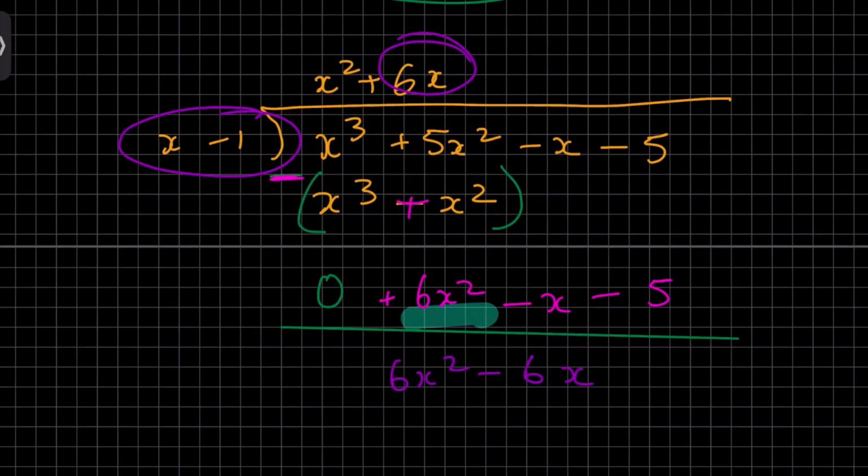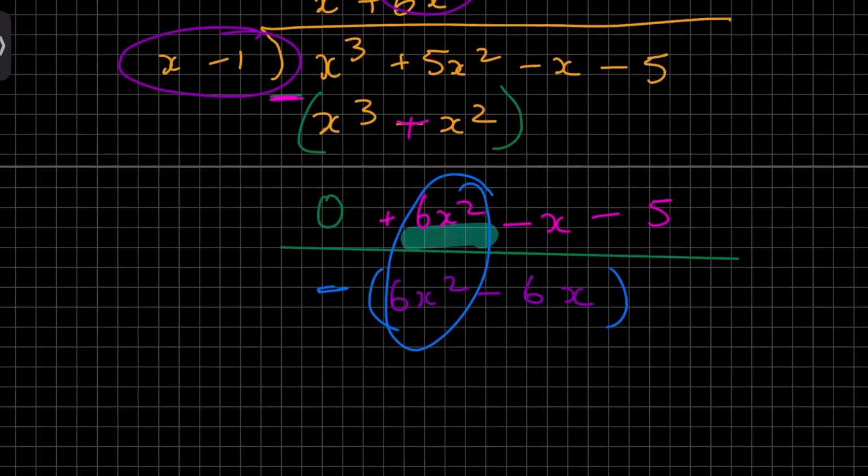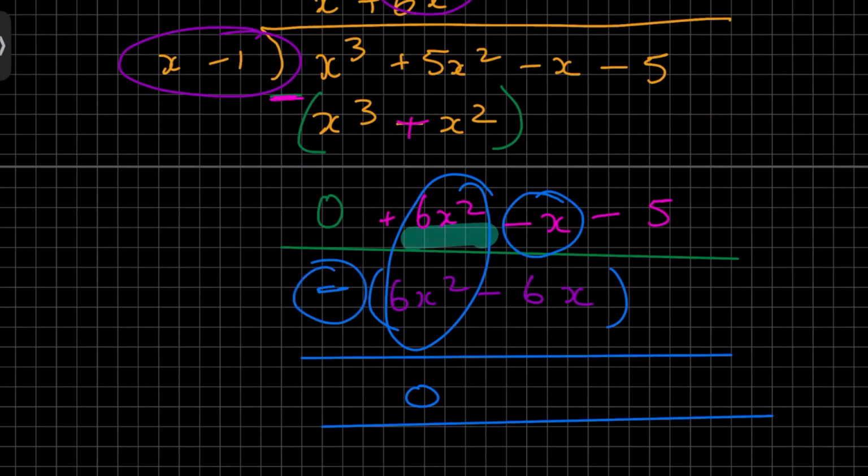Again, this is the term that we are subtracting from the equation that we formed when we were dealing with the last term. So 6x squared minus 6x squared would give us 0. And negative x minus 6x, so minus negative 6x is the same thing as plus 6x.